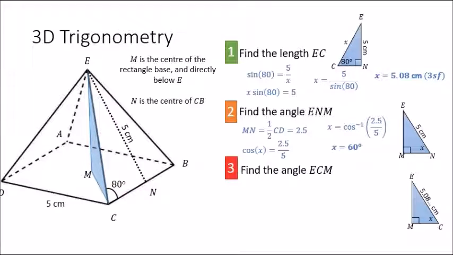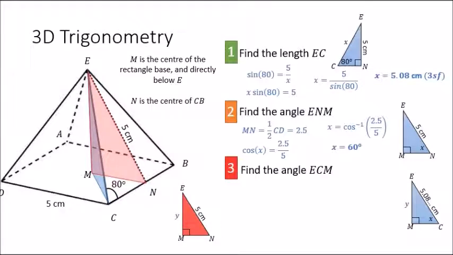I could try and find the length MC, or the length EM. The easiest one to do is to link this with question 2, the triangle EMN. I can find the length EM by using that triangle.